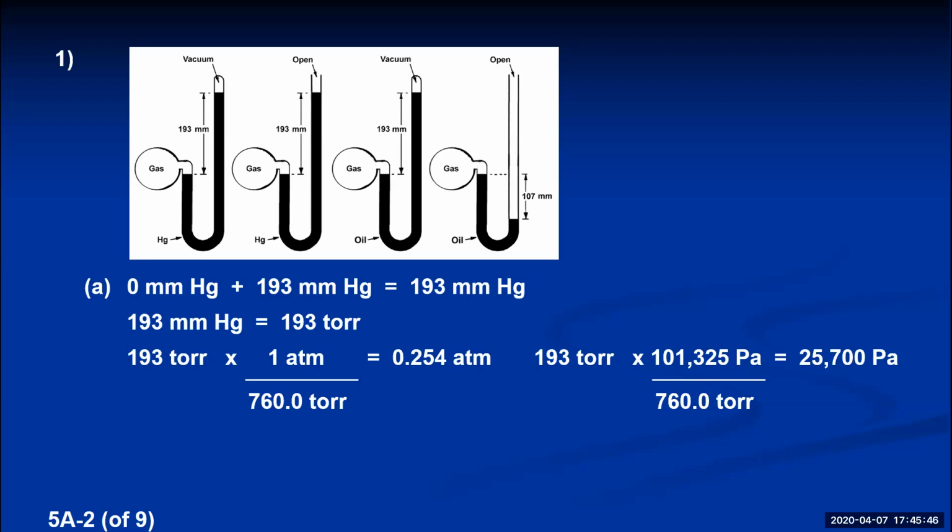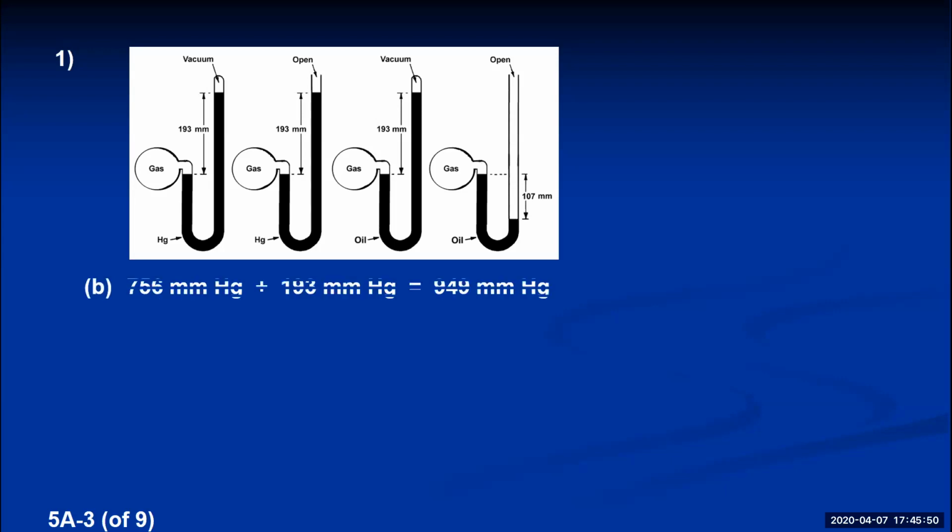Just like in A, we added 193 to the vacuum's pressure of 0. Now we're going to add 193 to the atmosphere's pressure of 756 millimeters because it's the atmosphere that's pushing on the mercury on the right side of the U-tube or the J-tube. So the pressure of the gas turns out to be, if you add those together, 949 millimeters of mercury.